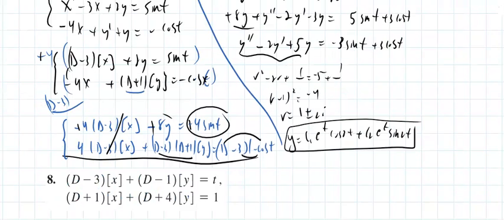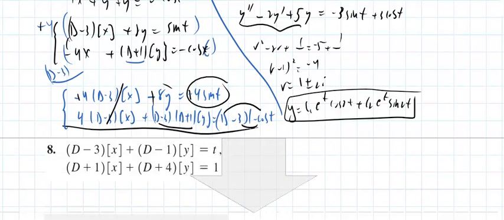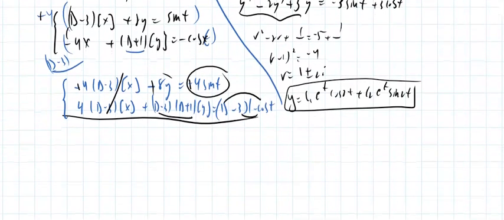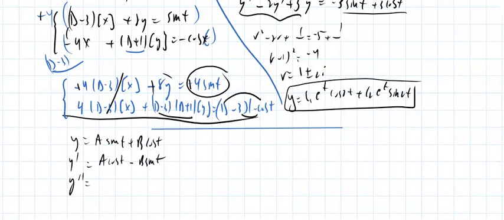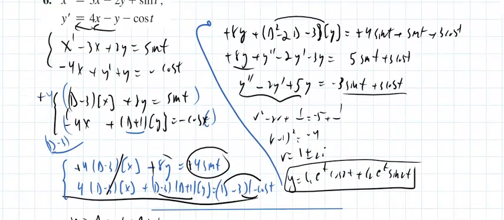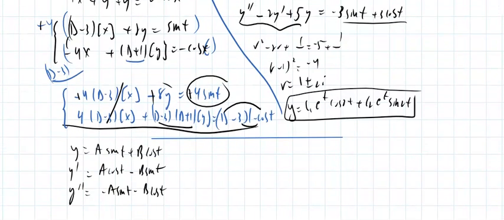As for the particular solution, I'm going to take y equals a the sine of t plus b the cosine of t. I need two derivatives of that. So my equation was right there.